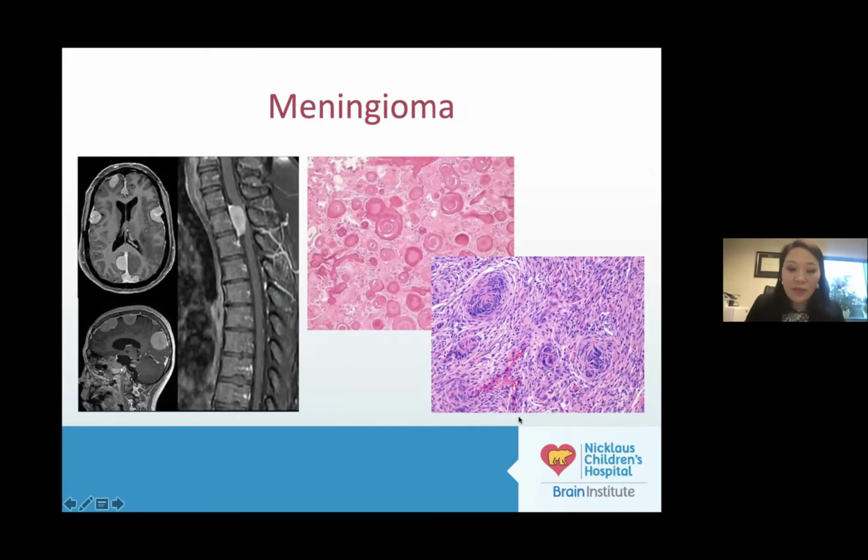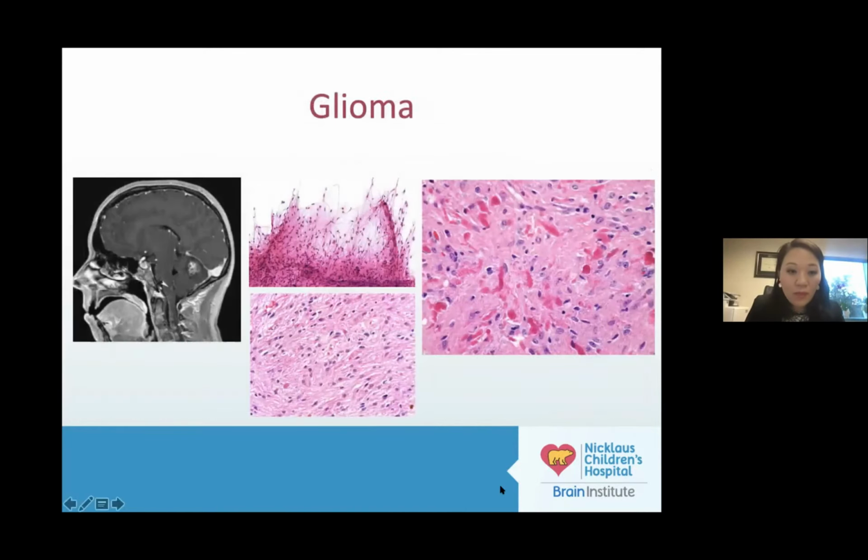This is an example of meningioma. As you can see here, meningiomas in the brain or the spine. On pathologic examination, you can see some psammoma bodies potentially, or whorls. This is an example of a glioma. Microscopically, you can see these hair-like or long pilocytic-like cells which form a fibrillary mesh.